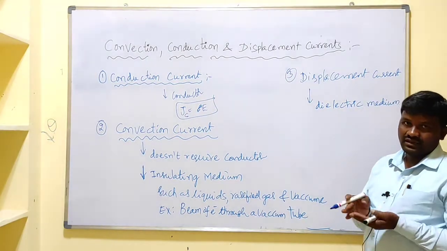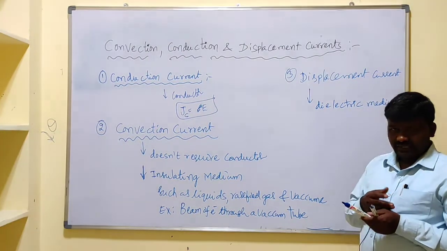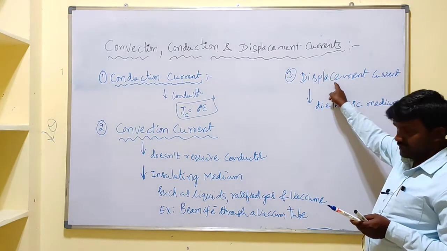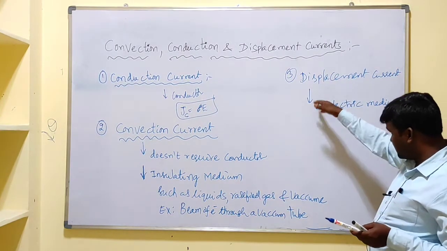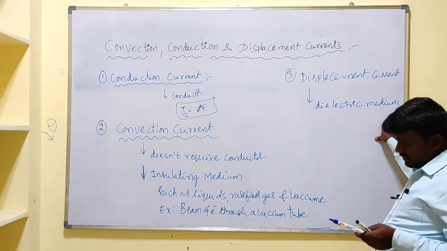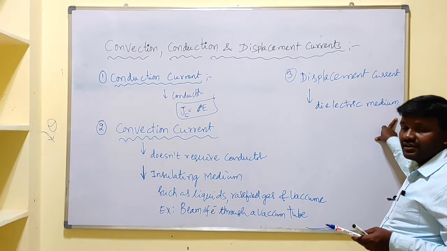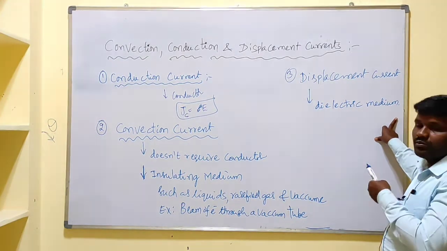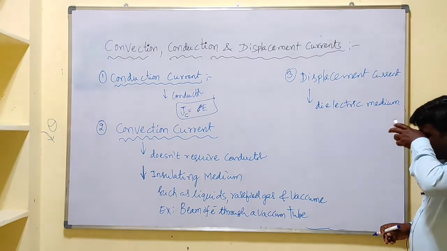An electromagnetic wave travels in free space with the help of this displacement current. Free space is the example of a perfect dielectric.